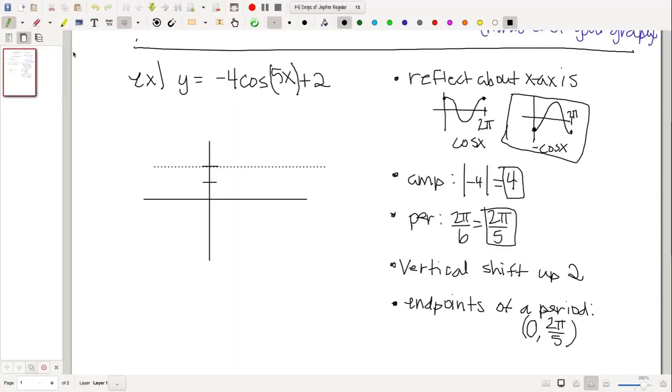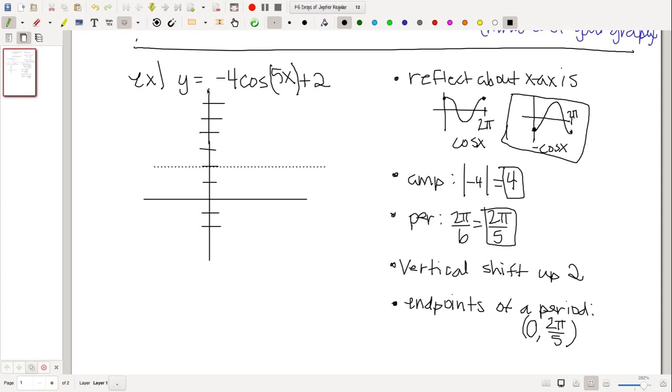So let's fix that right there. So we said it needs to go down 1, 2, 3, 4. And then let's see. 1, 2, 3, 4. So let's see if I can extend this. Works good enough for me.